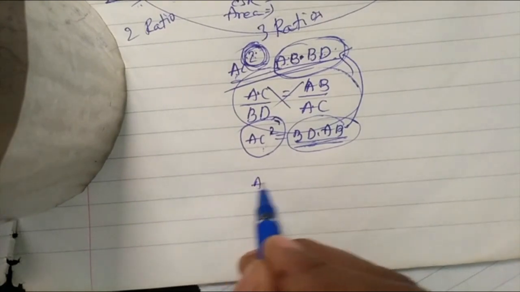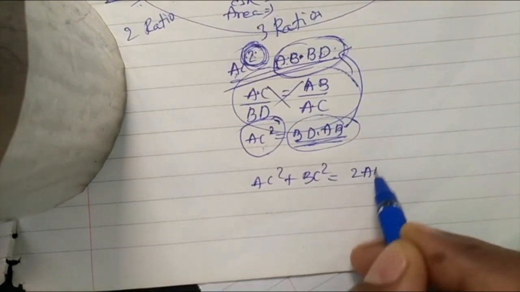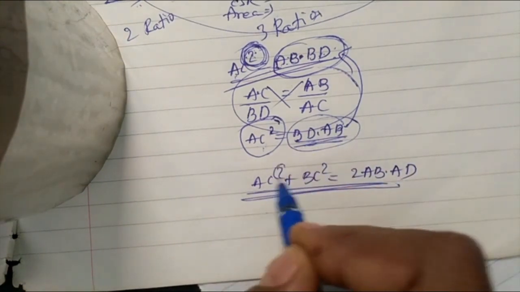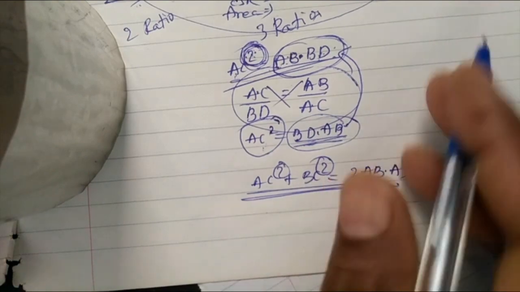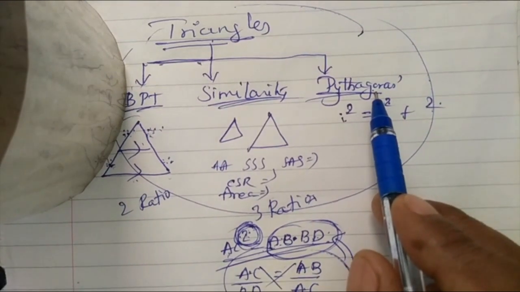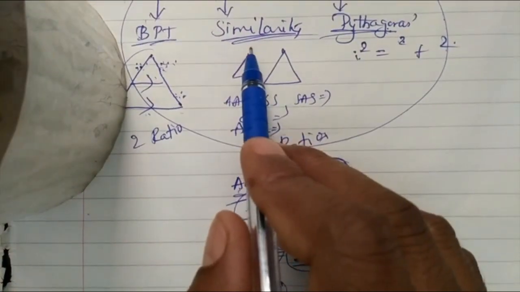A few problems like this: AC square plus BC square is equal to 2AB into AD. This is Pythagoras only, because almost two things are squared, so it comes under Pythagoras. In similarity, just one square we see, because when we proved the Pythagoras theorem in the last class, at that time we used the similarity concept only.